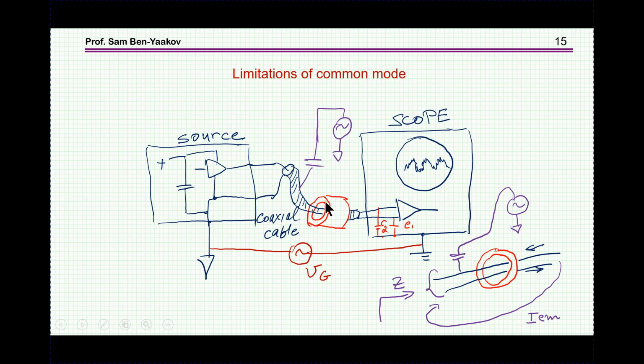So this will not help very much for this type of interference, and there's something else you have to do. So it's not a magical solution to everything, but for the common mode, it can really help.